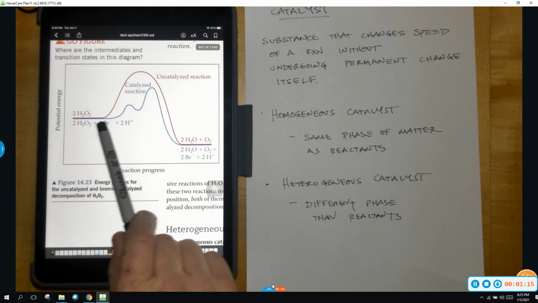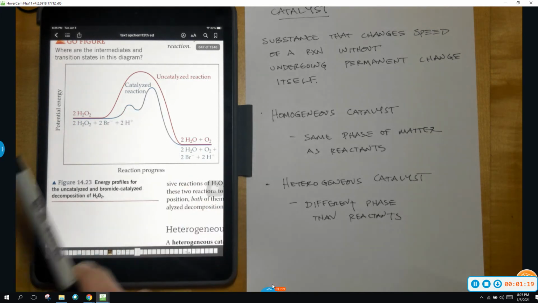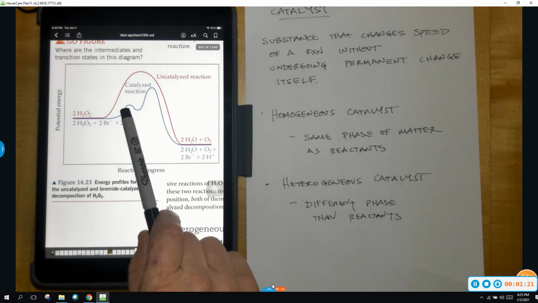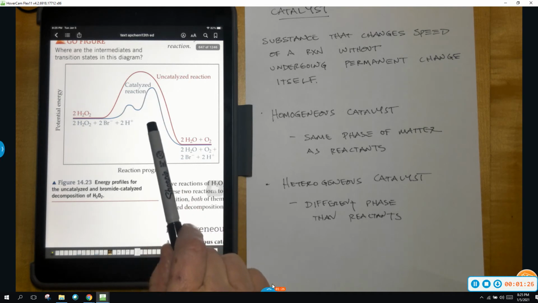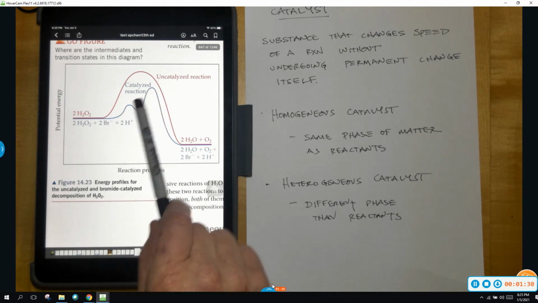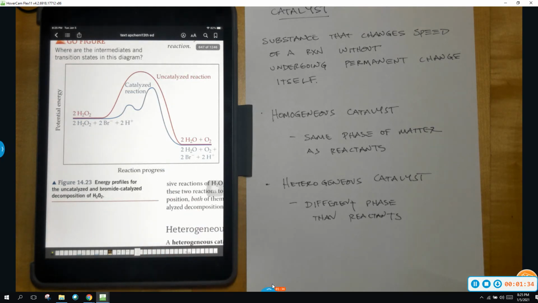And then there's a blue version that's a catalyzed reaction that happens to have two steps and an intermediate, and those have lower activation energy. So the overall activation energy would be lower, because it's symbolized by the highest of the two bumps. It would speed up the reaction by offering that alternate pathway.